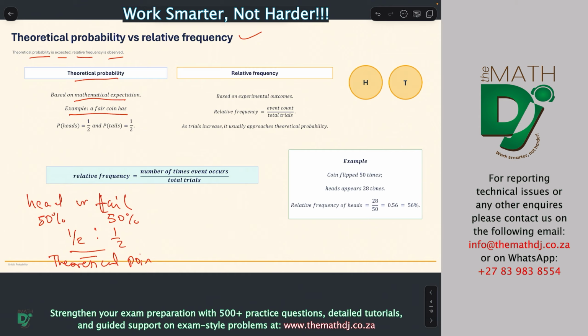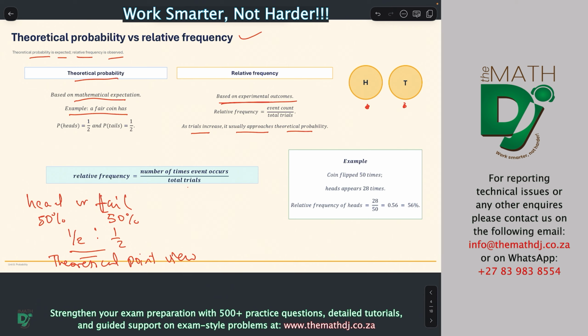But let's say in reality you do an experiment. You toss the coin and you get a certain number of heads and a certain number of tails. From that experiment, you can get the relative frequency. As the trials increase, it usually approaches the theoretical probability.